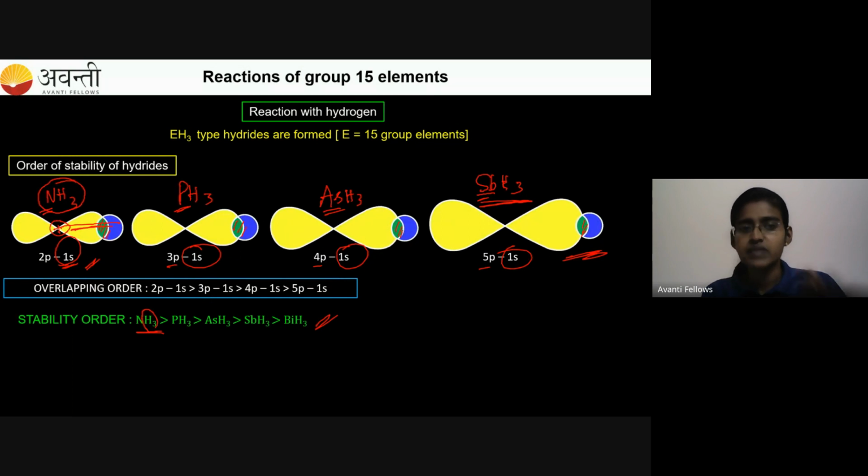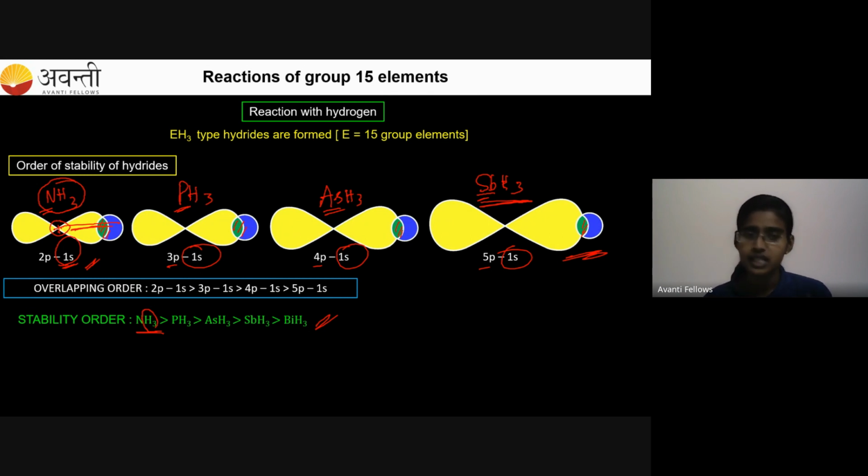So the stability order for the hydrides of group 15 is this. The orders are very, very important. From inorganic chemistry, you can get questions from orders. Which among the following is the correct stability order for group 15 hydrides? Or which among the following is the incorrect order for group 15 hydrides? What is the reason for the given stability order?